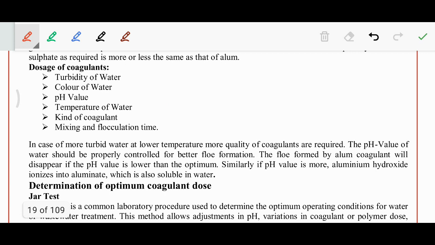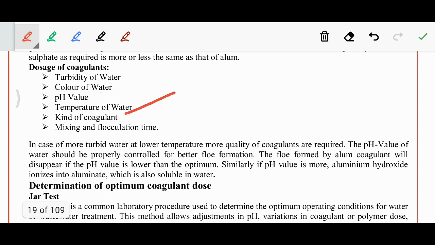So first one is turbidity of water. You have to know the turbidity of water. Next, we have to know the color of water. If the color is very dark, that means the impurity level is more. Next, the pH value, the range of pH value, that is potential of hydrogen, we have to know. Temperature of water, and the kind of coagulant we are going to add.